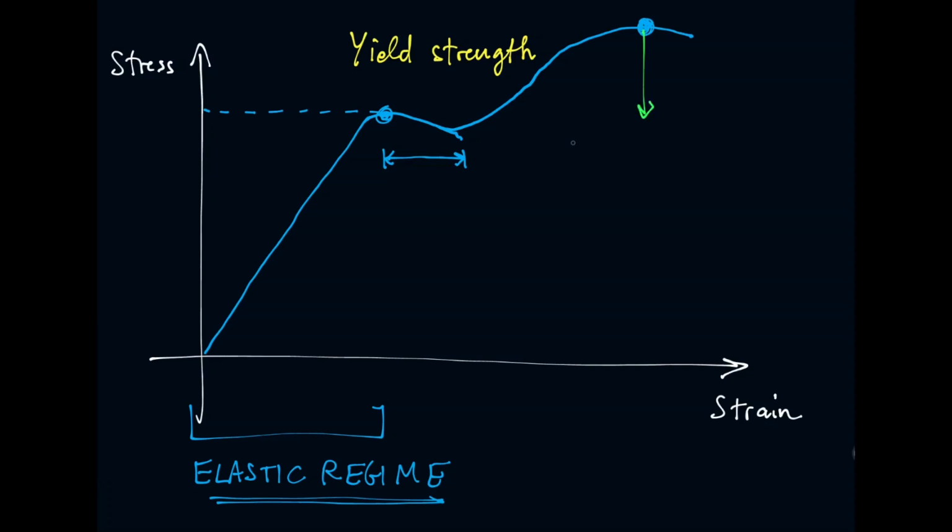And this is called the ultimate strength, which is the maximum strength or stress that a material can withstand before failing or before eventually fracturing. So at some point somewhere here, then there's fracture, where a material actually breaks.